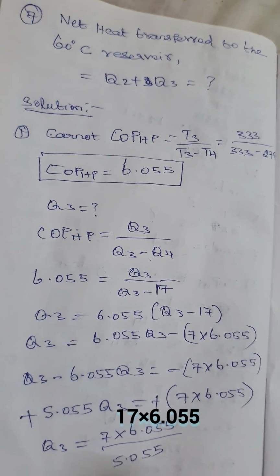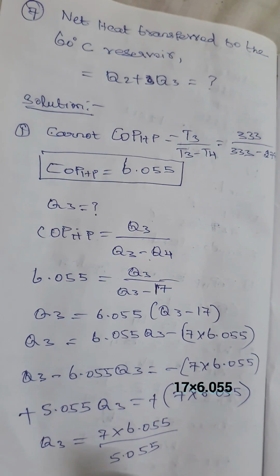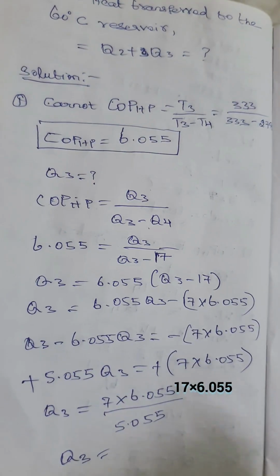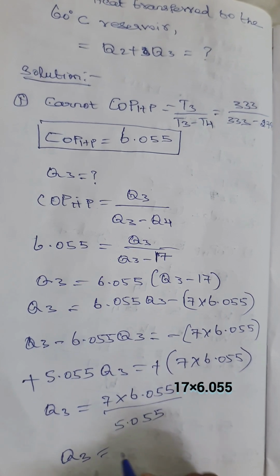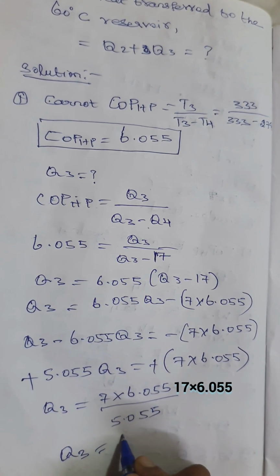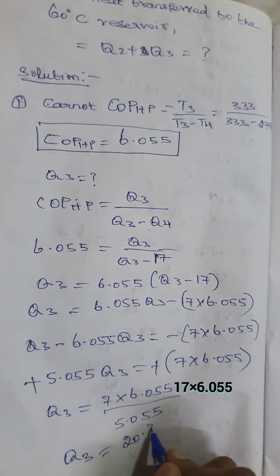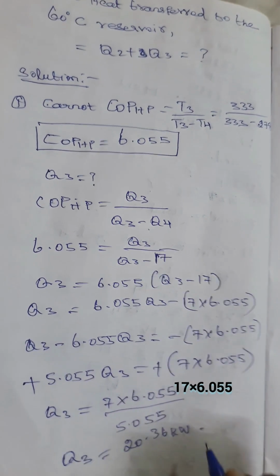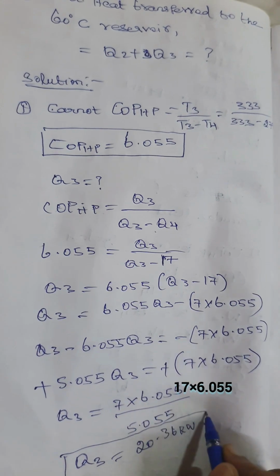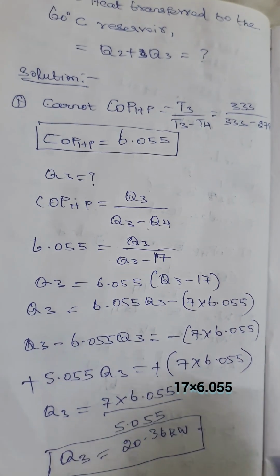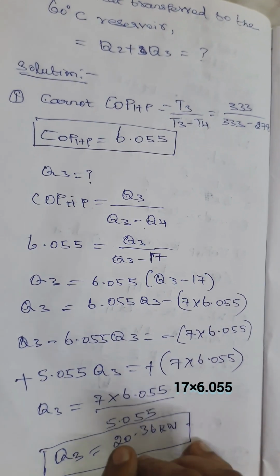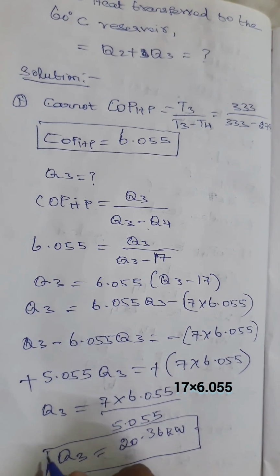If you put this value in the calculator, you can easily find the Q3 value, which is 20.36 kilowatt. The unit for Q3 is kilowatt. So we have found Q3.